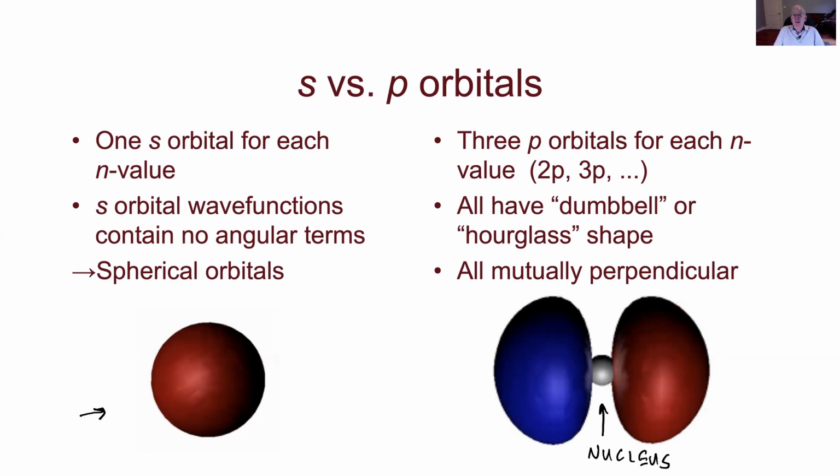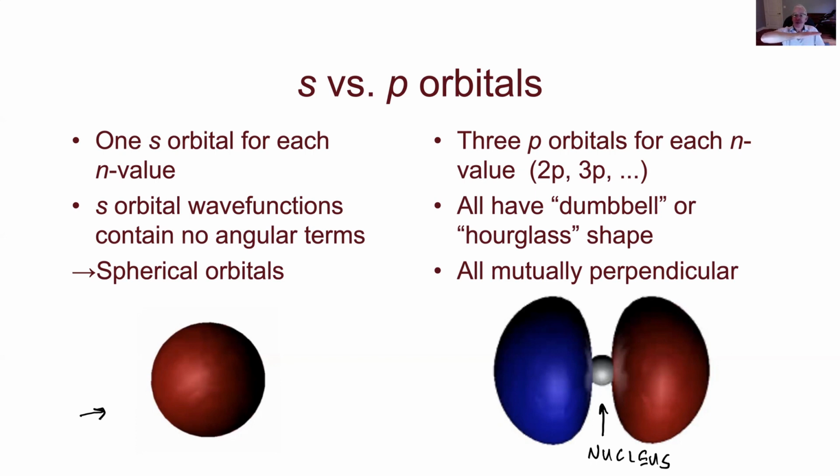The different colors strictly speaking represent the idea that the wave function is positive on one side and negative on the other, sort of like how a sine wave oscillates positive and negative. So this orbital is pointed, let's say, in the horizontal direction on our screen.